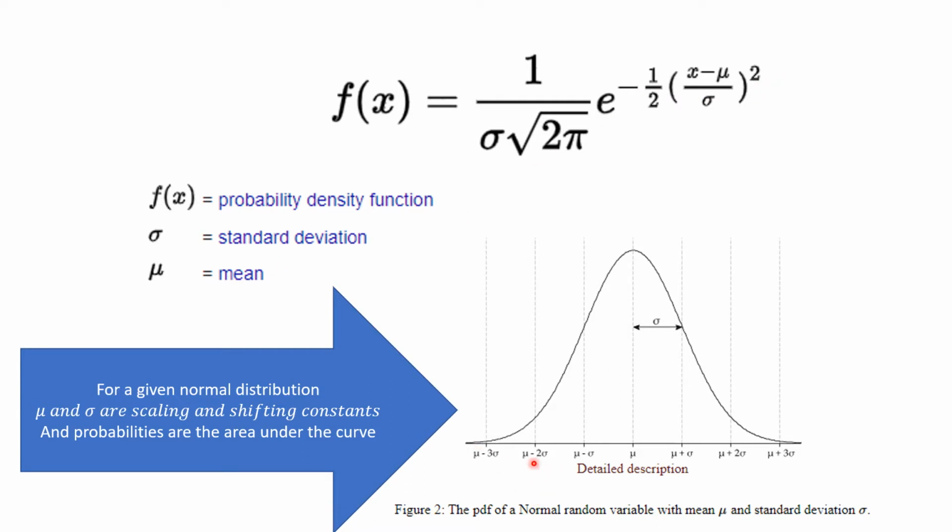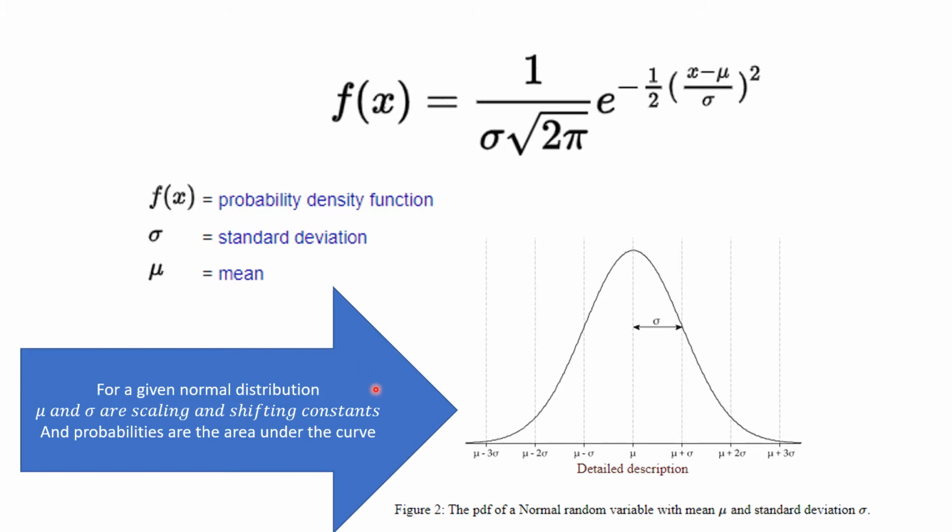Now this is the probability density function for the normal distribution, and for any given normal distribution, sigma, that Greek letter, represents the standard deviation, a number, it is a constant, and also that mu, that Greek letter, represents the mean of that distribution.